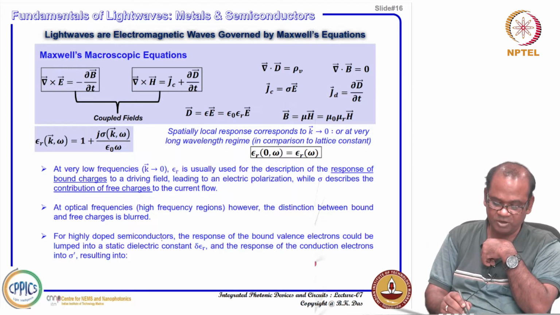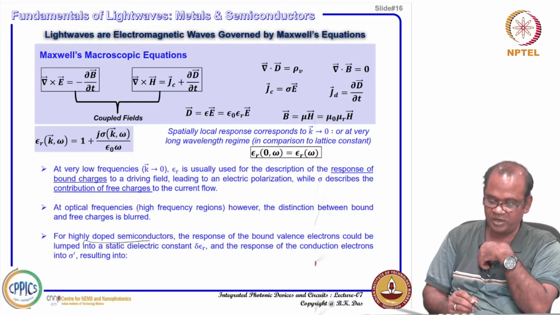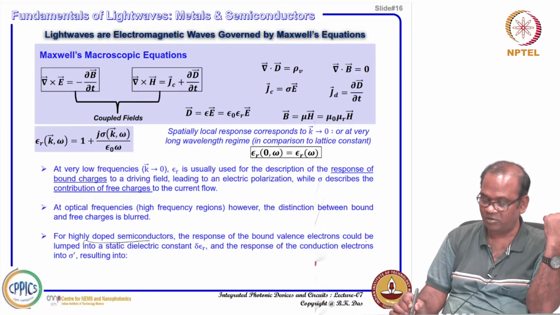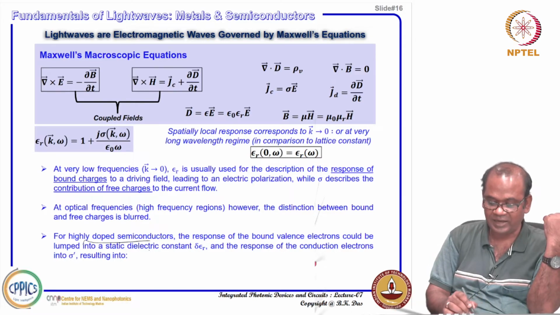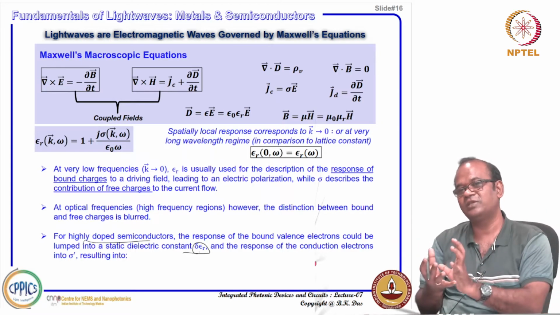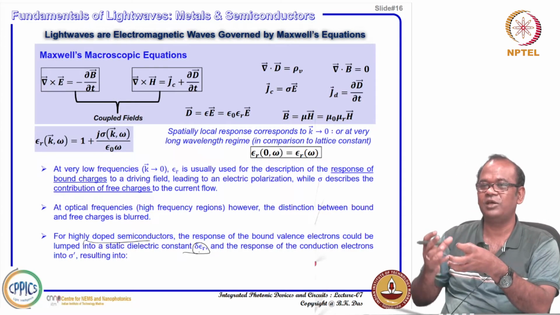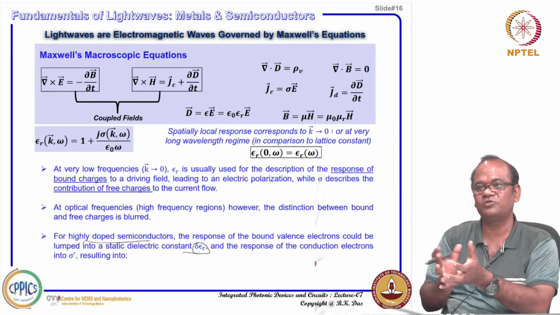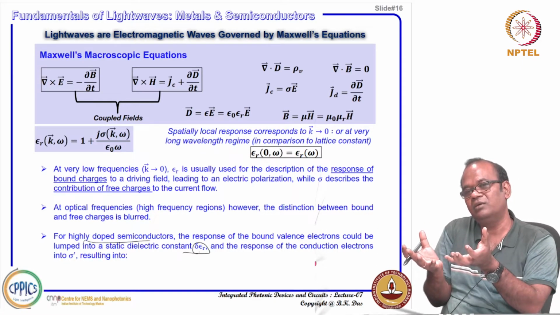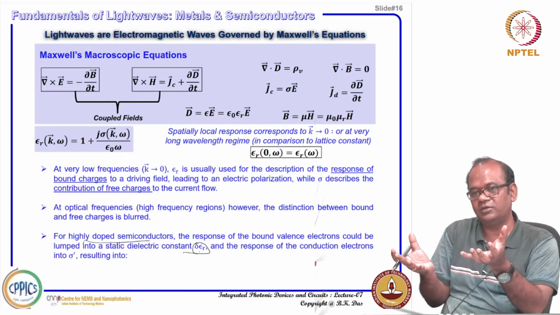For a highly doped semiconductor, which again and again I am saying is like a metal, the response of the bound valence electrons could be lumped into a static dielectric constant, delta epsilon_r. Whatever bound electrons are there in the semiconductor, along with the free carriers, they can result in a certain kind of dielectric constant.